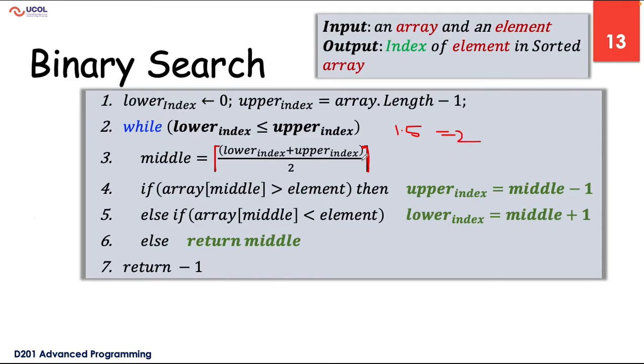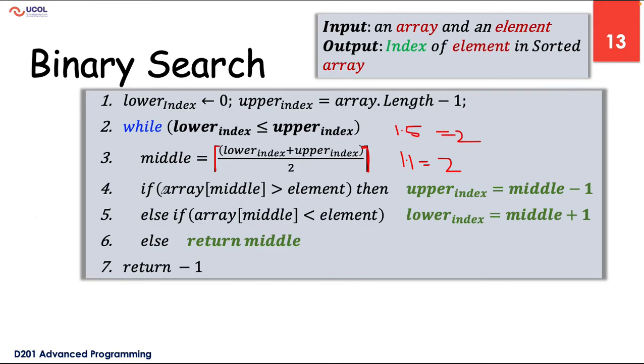We are rounding up, not down. Even if it is 1.1, that will also become 2 rather than 1. So we are rounding to the upper, the nearest integer which is larger than that one.